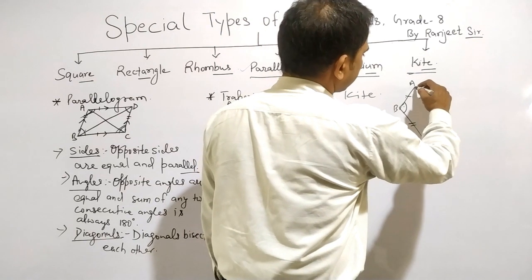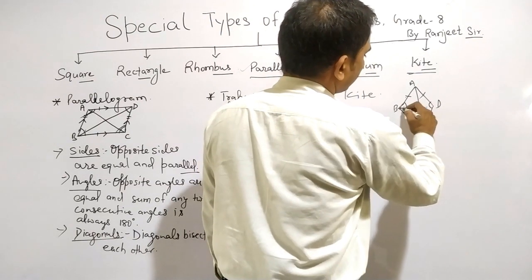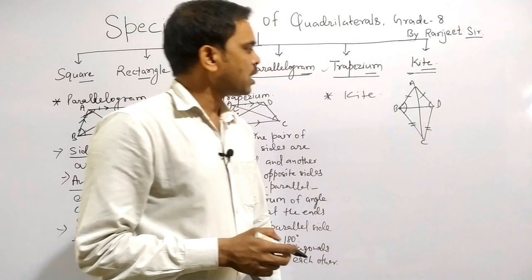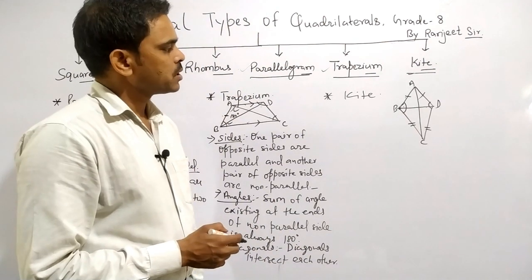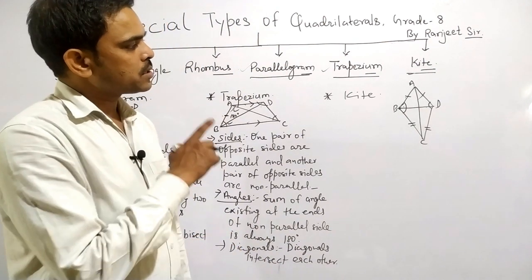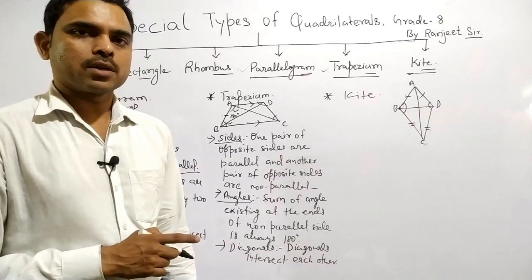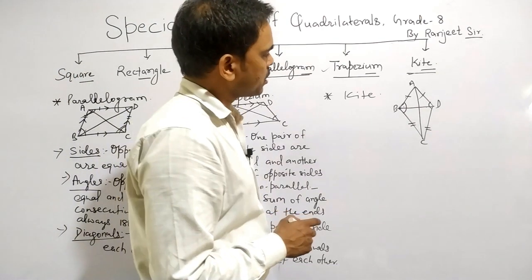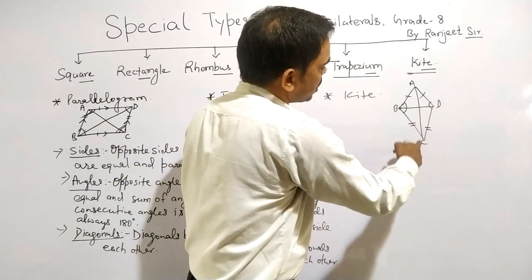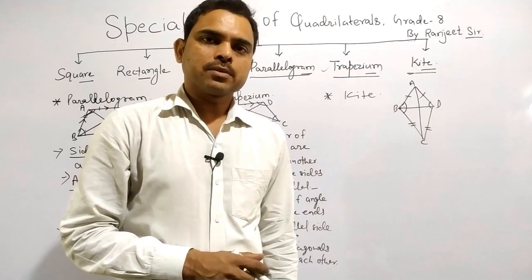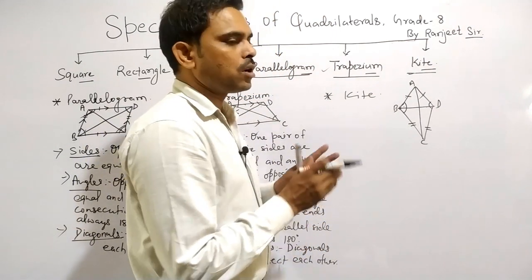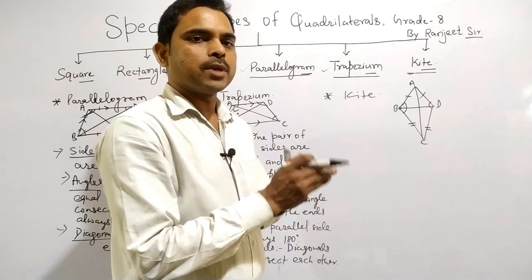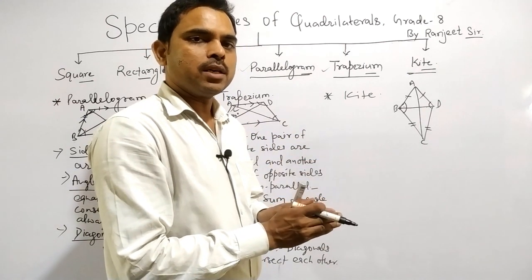And about the diagonals, there are two diagonals of course. One is longer and another one is shorter. So what you will find here, you can observe it, the longer one is bisecting the shorter one. Okay, so it means longer diagonal will always bisect the shorter one.